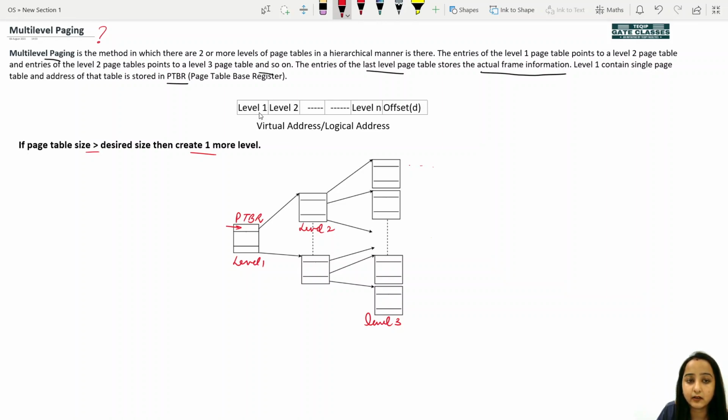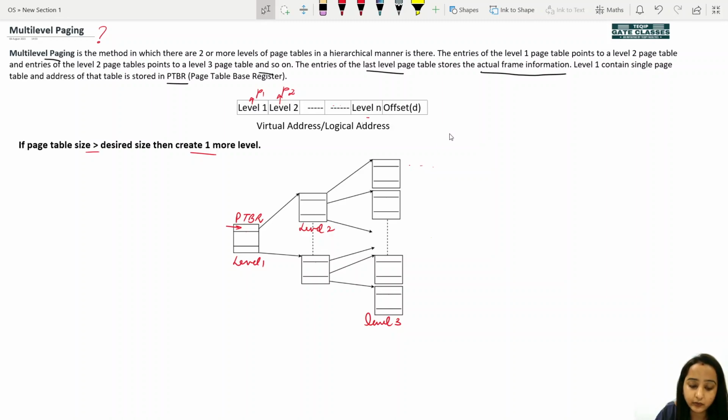This is level 1, it will contain P1, then P2, and so on, and after the last level we have the offset. We get the address of the frame from the last level. Let's see with the help of one example, then it will be clear what multi-level paging is and why there is a requirement for it.